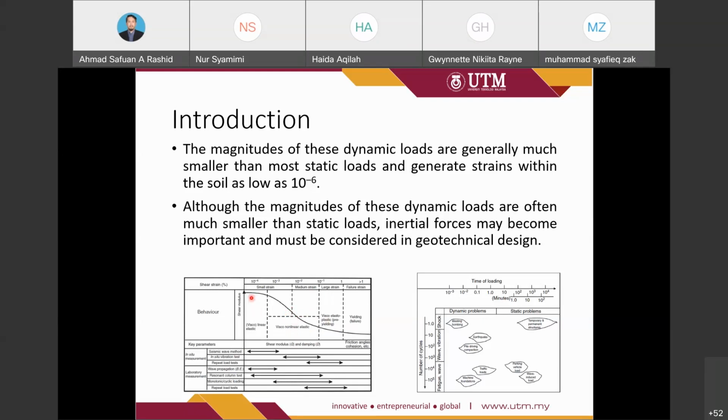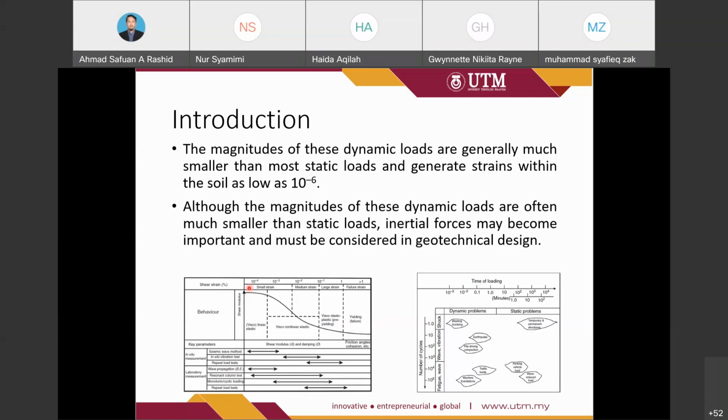Then for the last one, which is from 10^-6 to 10^-4, the soil responds as linear elastic, so it can be considered a recoverable material.